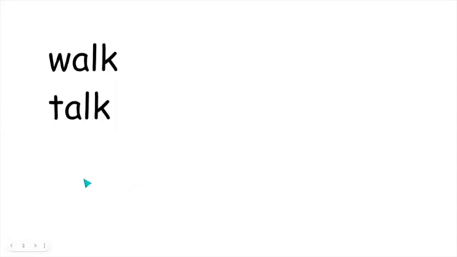When I say the word walk, I hear three sounds: w, ah, k. When I say the word talk, I also hear three sounds: t, ah, k. I'm representing these sounds with dots, and you'll notice that I have changed the color of the dot for the vowel in the word. I can also choose to circle the graphemes, or the letters or letter combinations, that are making the sounds or the phonemes that I'm hearing.